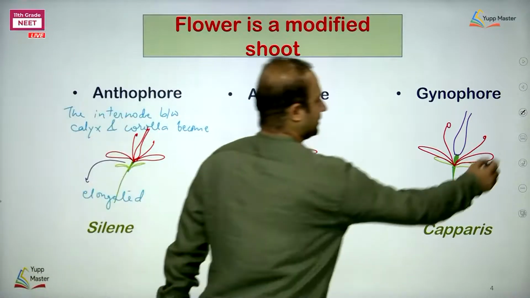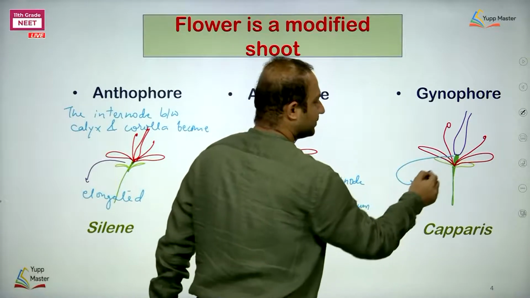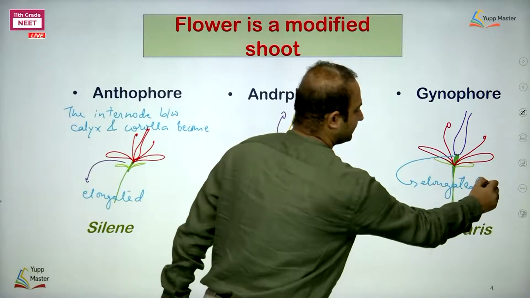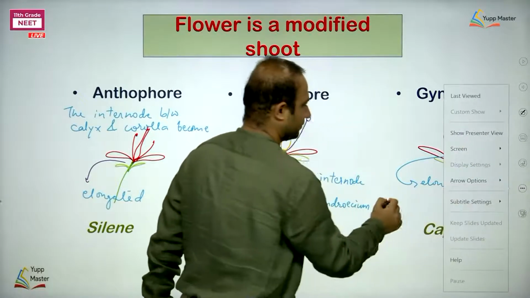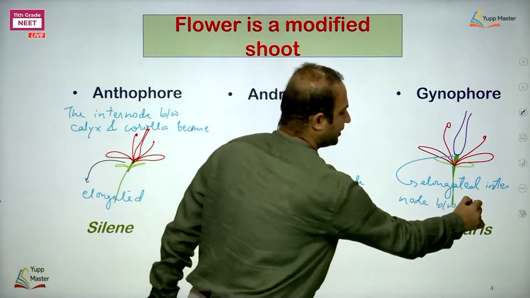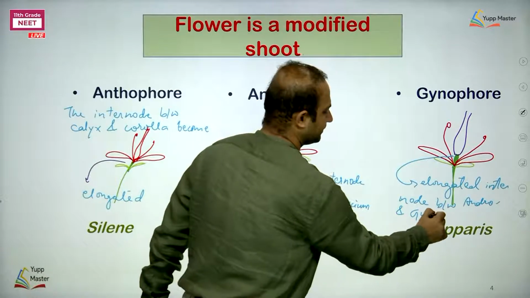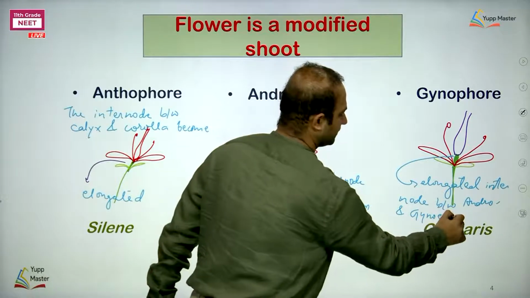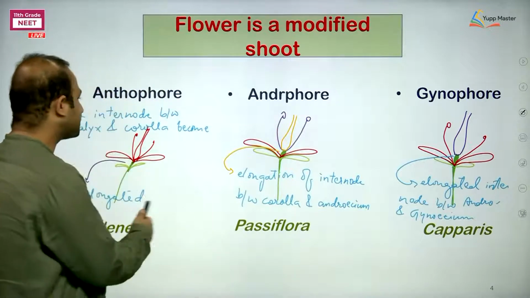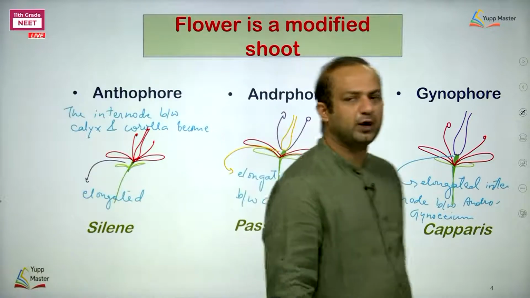This is how we can establish the evidences: elongated internode between androecium and gynoecium. That is seen in Capparis. Such kinds of conditions you can observe for androphore, gynophore, anthophore.